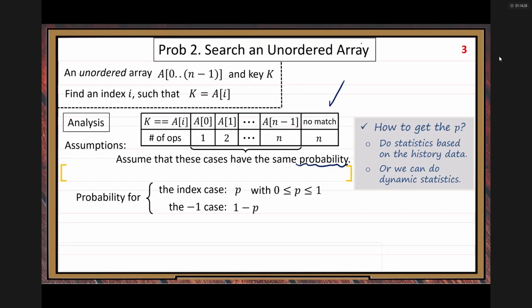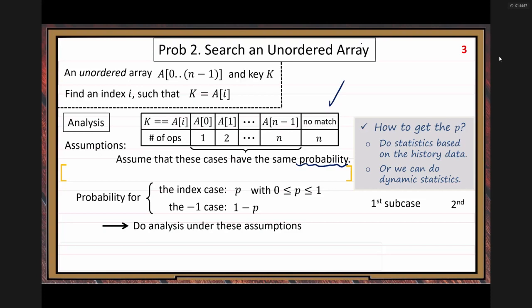Then now we can do our goal, average case efficiency. How to combine these n cases? This time, we're ready to do that. We look at it as two subcases. The first subcase is the index case.